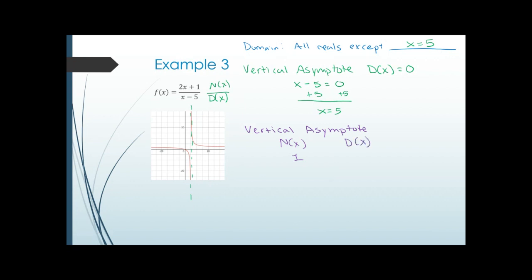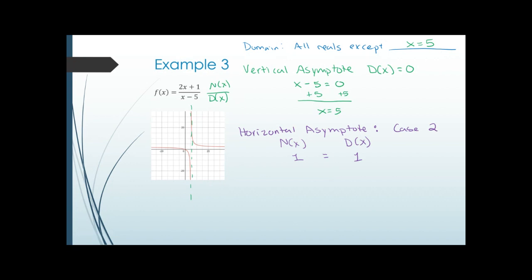And the degree of the denominator is also linear, which is degree 1. So these are equal to each other. If your degree of the top is the same as the degree of the bottom, that is what we call case 2.